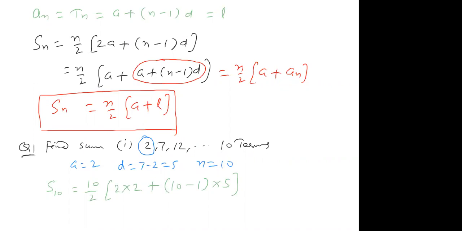So this is equal to 5 into 4 plus 9 into 5, which is 45. So this is 49 into 5, which is 245. This will be your answer.